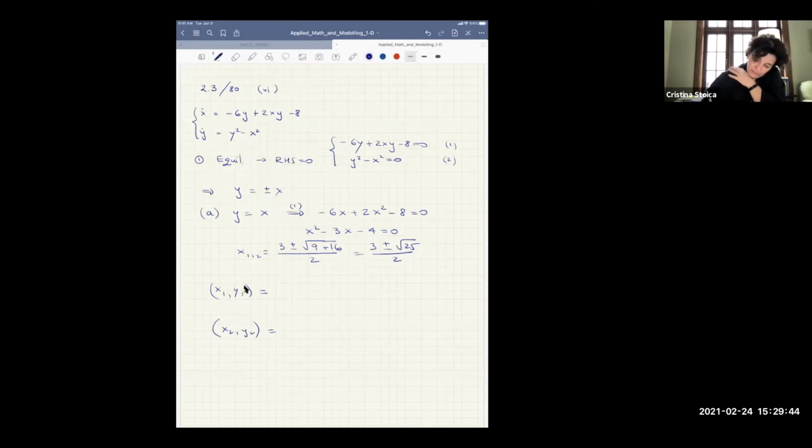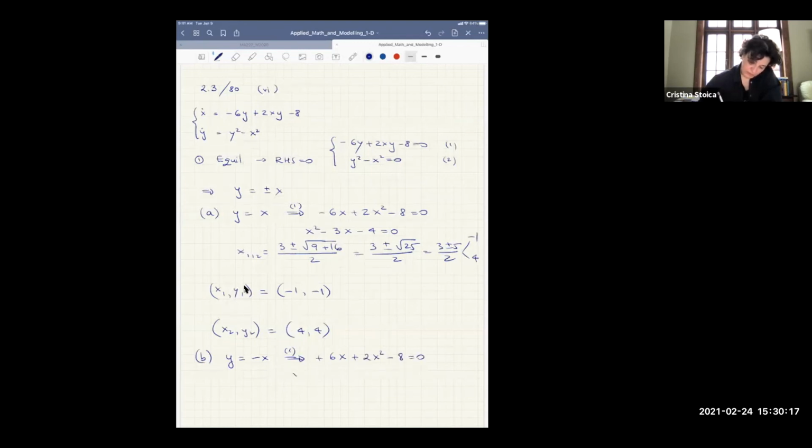So it's 3 plus minus 5 over 2, so we'll have minus 1, and then we have 4, 4. And then case B, when y is minus x, then again into equation 1. We have minus plus 6x plus 2x squared minus 8 is 0.